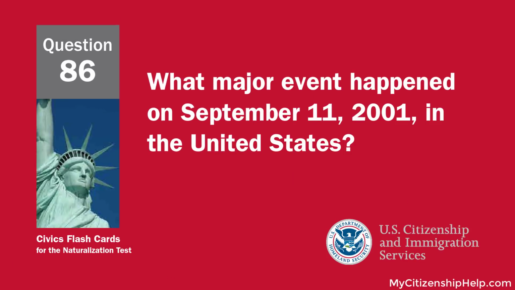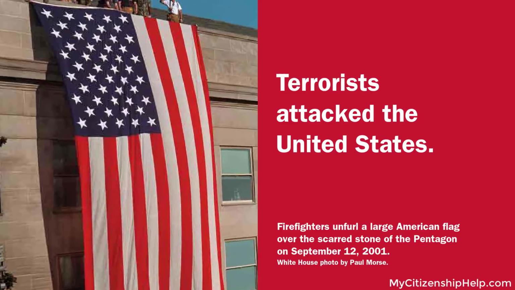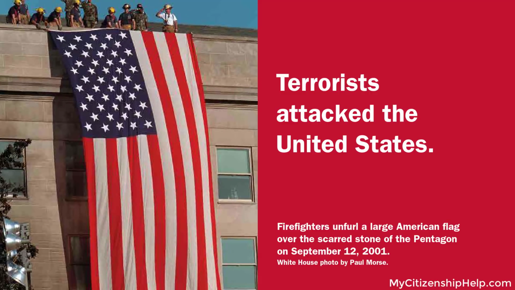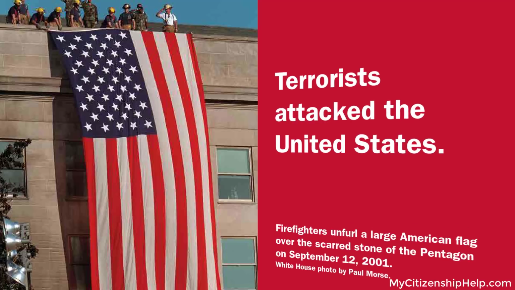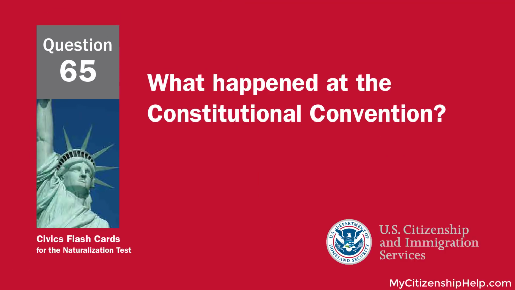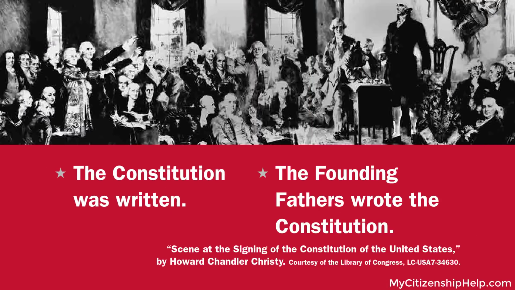What major event happened on September 11, 2001 in the United States? Terrorists attacked the United States. What happened at the Constitutional Convention? The Constitution was written. The Founding Fathers wrote the Constitution.